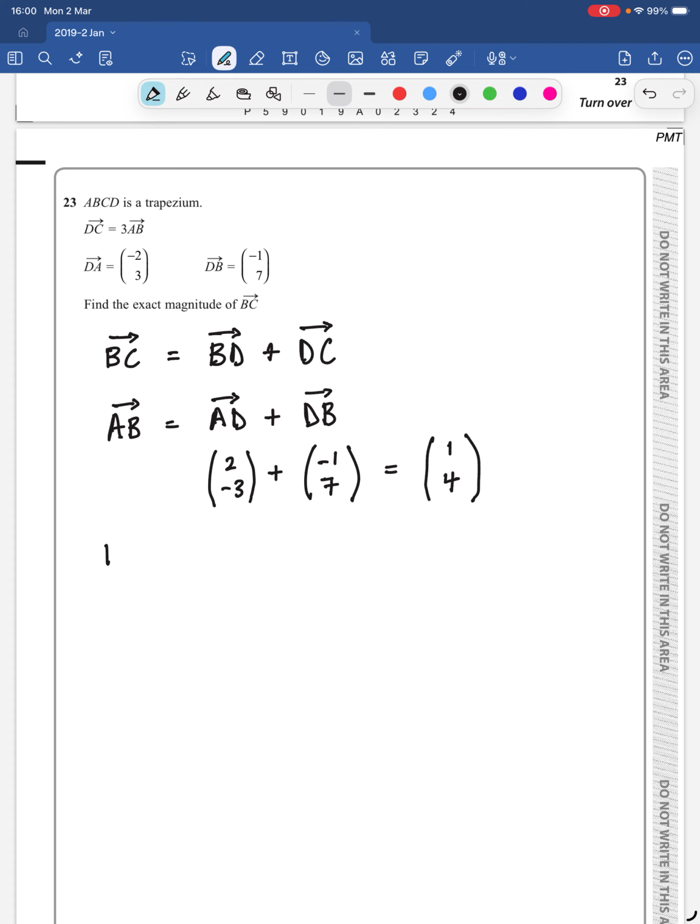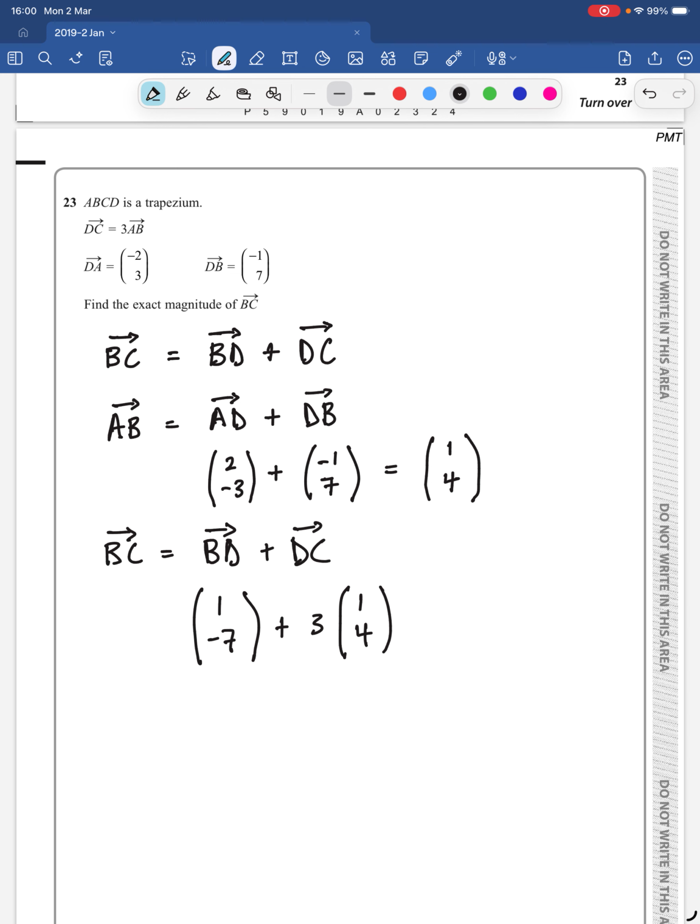So if we say BC equals BD plus DC again, then BD is (1, -7), and DC is 3 lots of (1, 4).